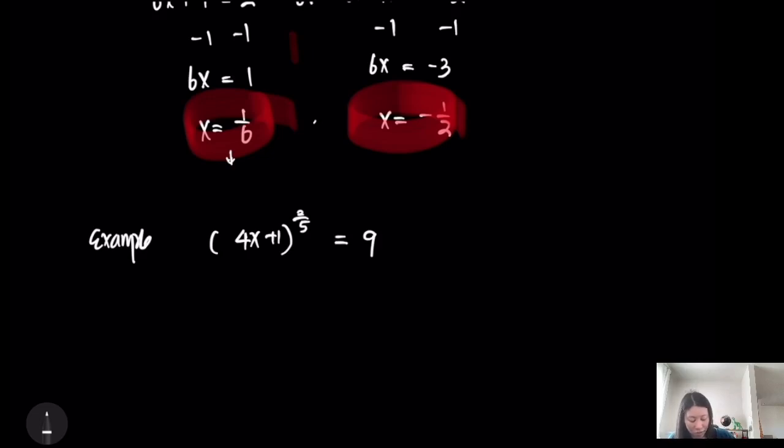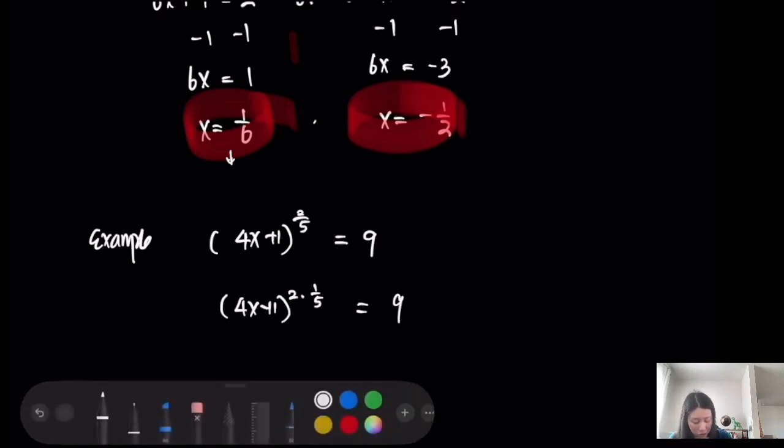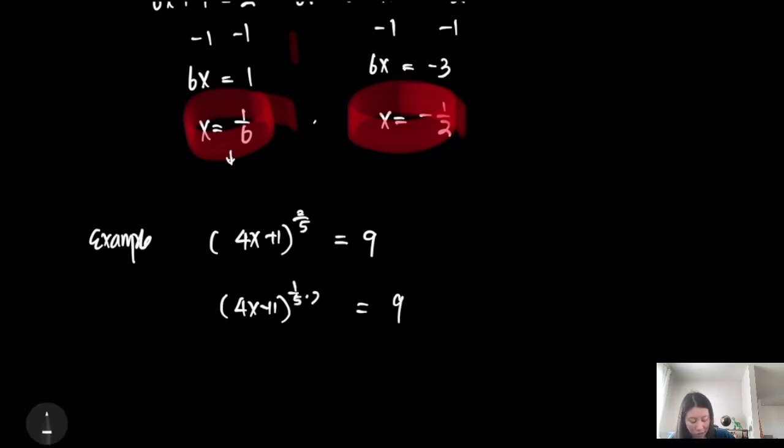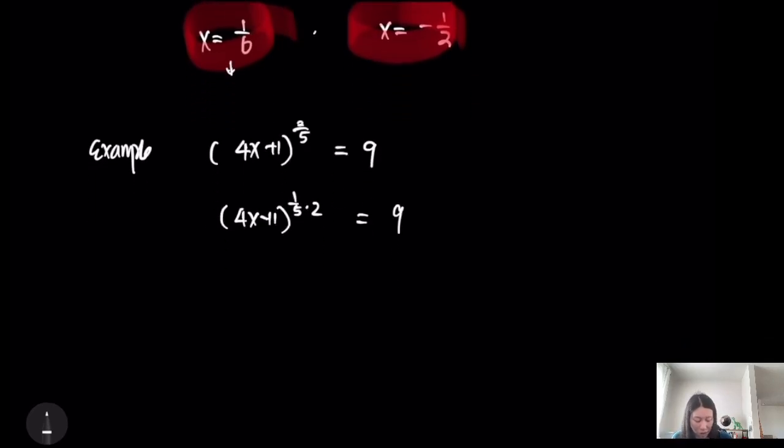We can write it as (4x + 1)^(2 times 1/5) = 9, or you can do it the other way, 1/5 times 2. Either way works. If it's 1/5, that means this is going to be a 5th root of 4x + 1. After that, you will have a square.